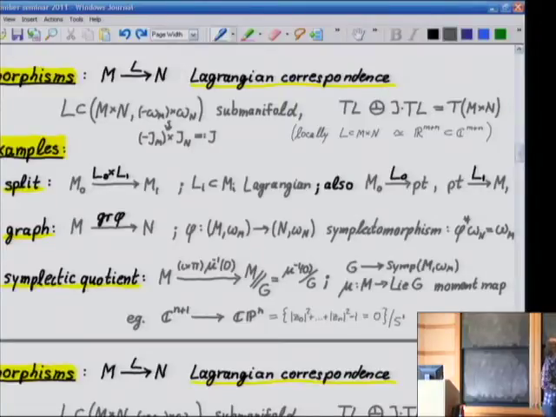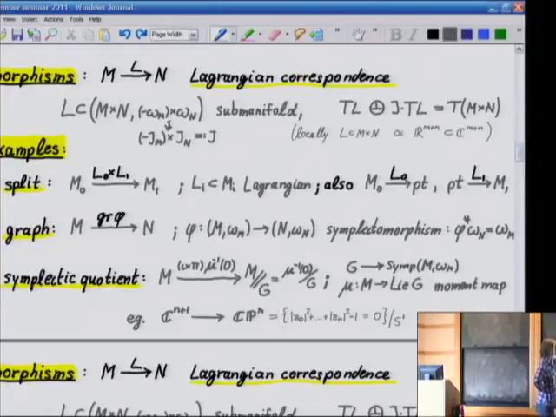If I have a diffeomorphism that preserves the symplectic form, I would like the graph of that to be a Lagrangian. That requires this reversal of the symplectic form. So that's one silly example.